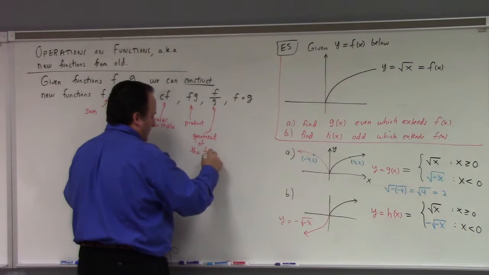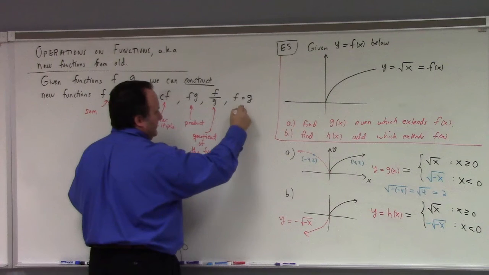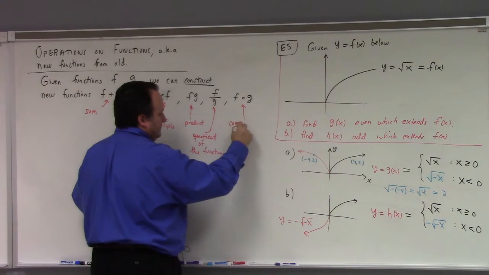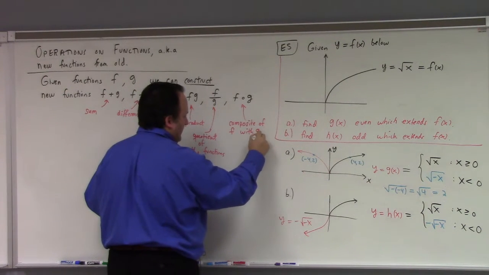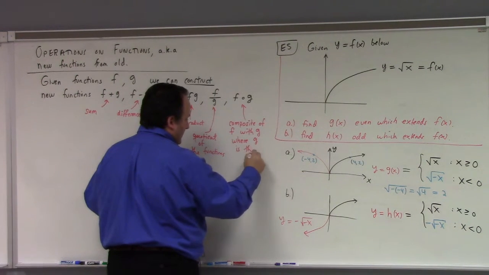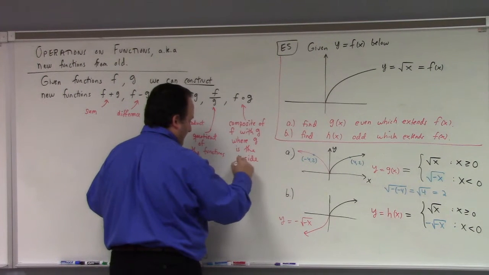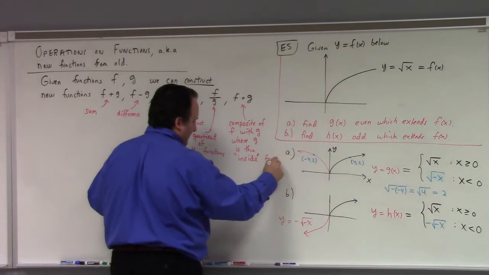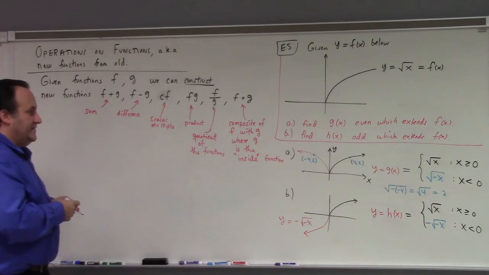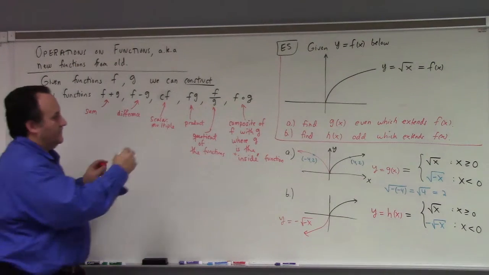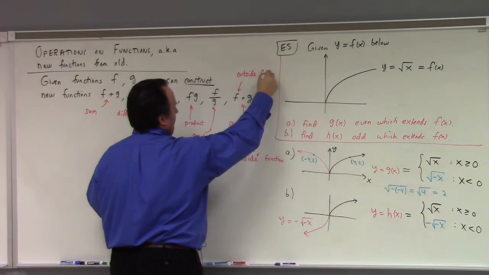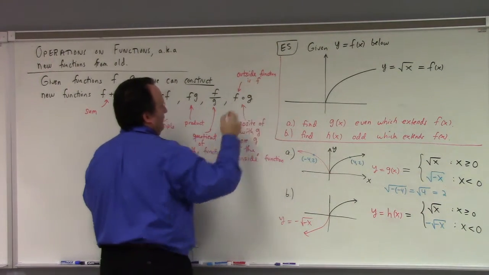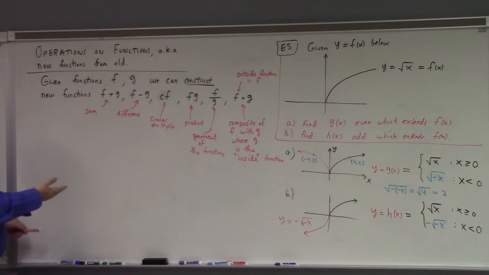And then finally, this is called the composite of f with g, where g is the inside function. In this case, f is the outside function. We have an inside function and an outside function, right?